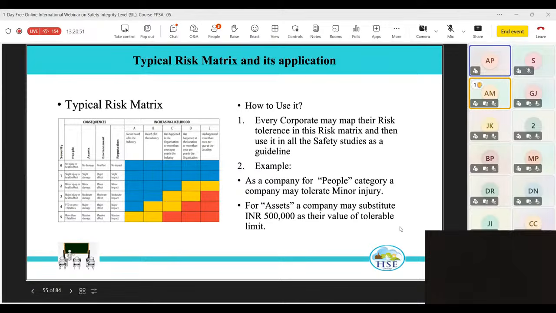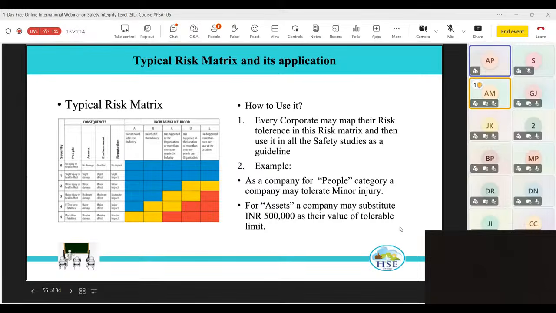To make this discussion more understandable, let us see in each case these risk receptors, as we call them. That means if the hazard gets converted into a consequence, what is going to happen?